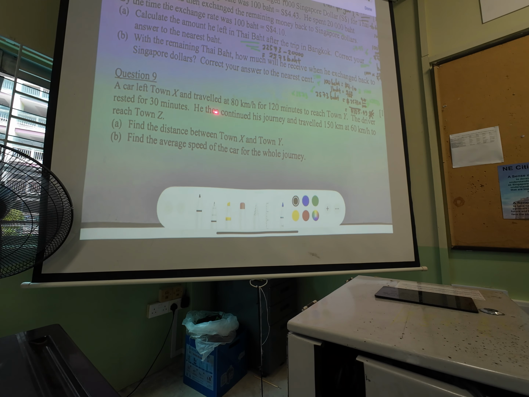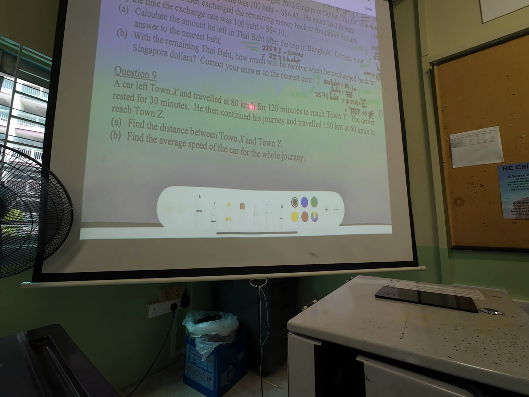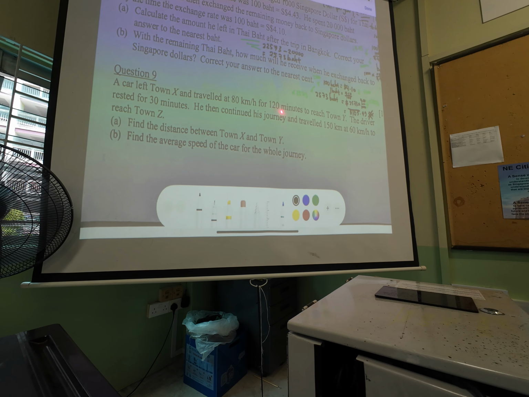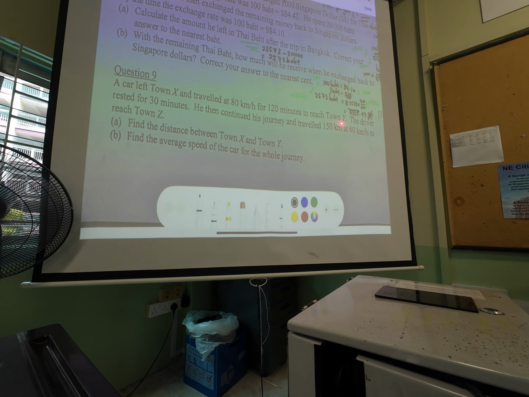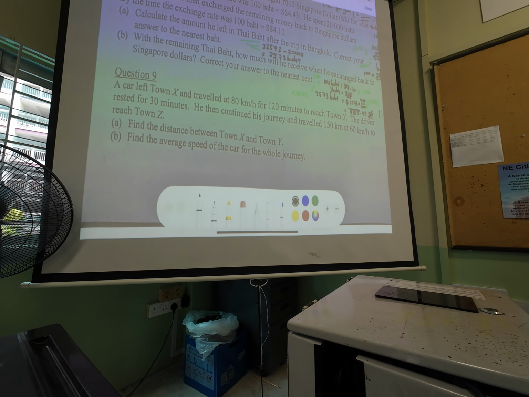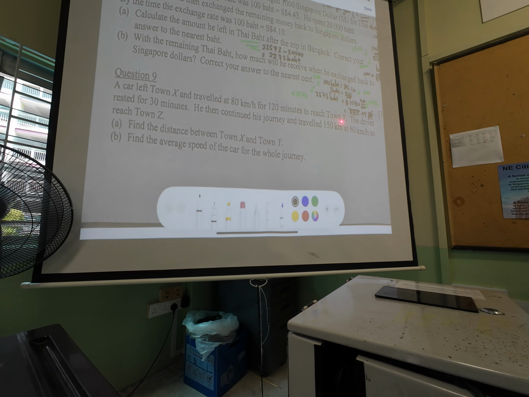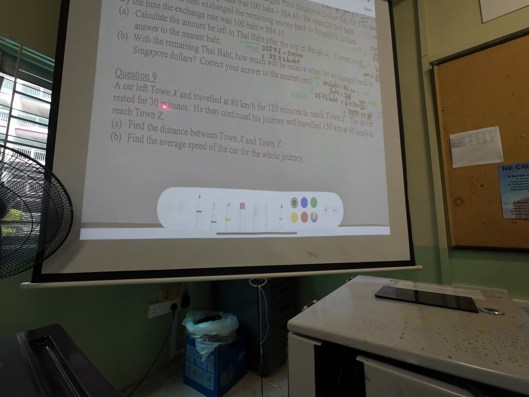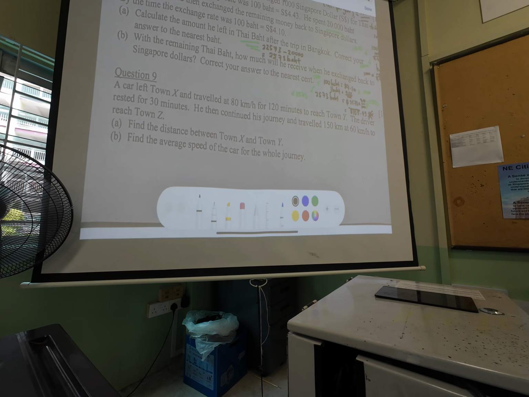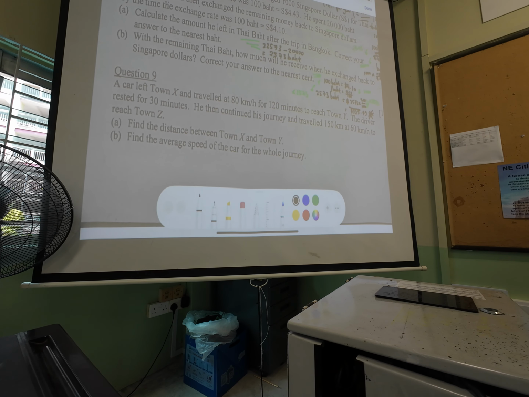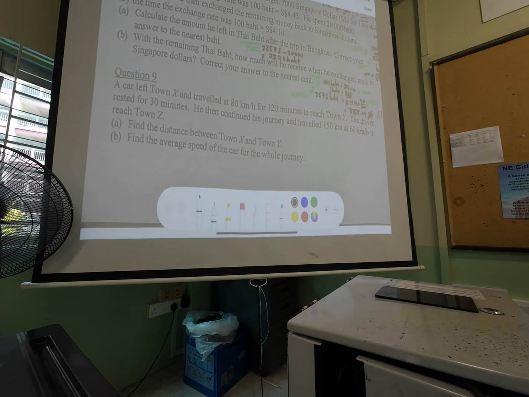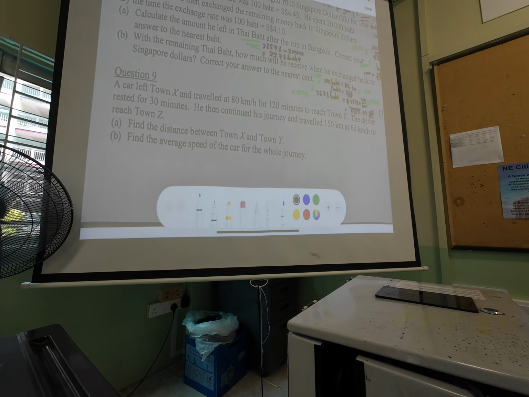The car left town X, traveled at this speed for this time to reach town Y. After the car reached town Y, the driver rests for 30 minutes. Then he continued to travel to town Z. To town Z, this is the distance, this is the speed. So the story has 2 parts, or in fact 3 parts.